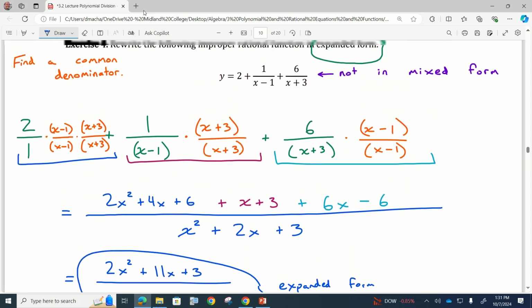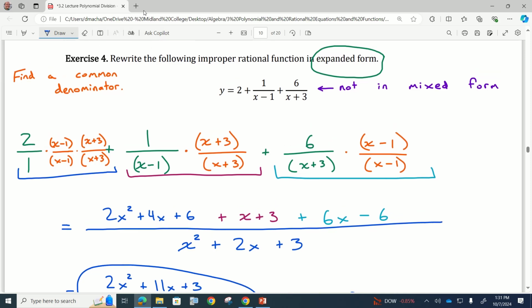So once again, this type of problem that you have in exercise 4 is not hard. It's just sometimes long. Sometimes finding a common denominator takes a little bit of work. And you just have to be really careful not to make any silly little mistakes with your plus signs, your minus signs, and distributing stuff, because it could be easy to make a mistake.